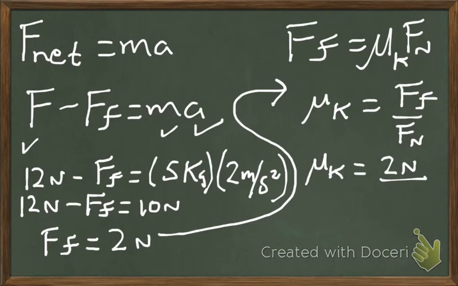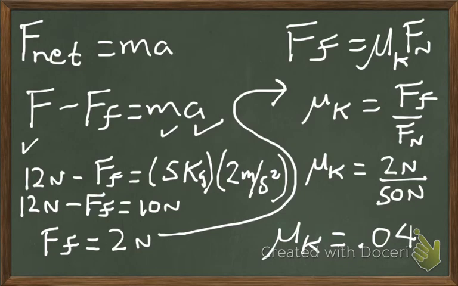Our normal force in this case, since we have no motion vertically and it's on a flat surface, we know that the normal force is equal to the object's weight. So we plug this in, calculate it, and then there is our coefficient of friction. So we got 0.04.